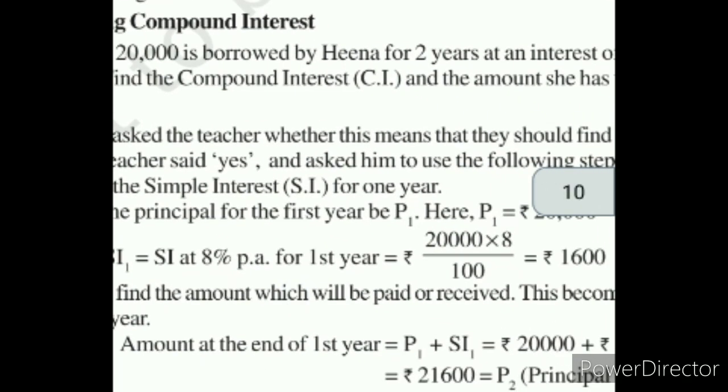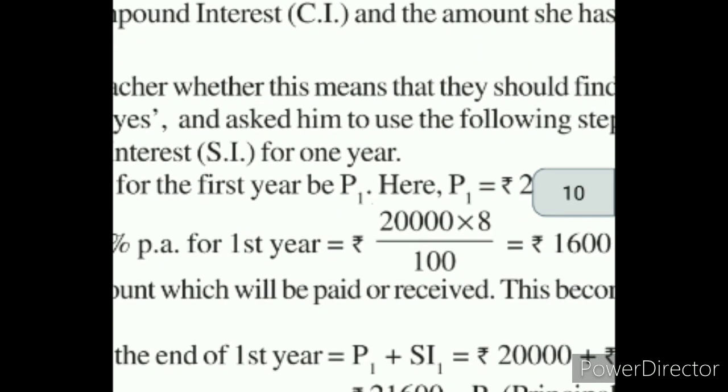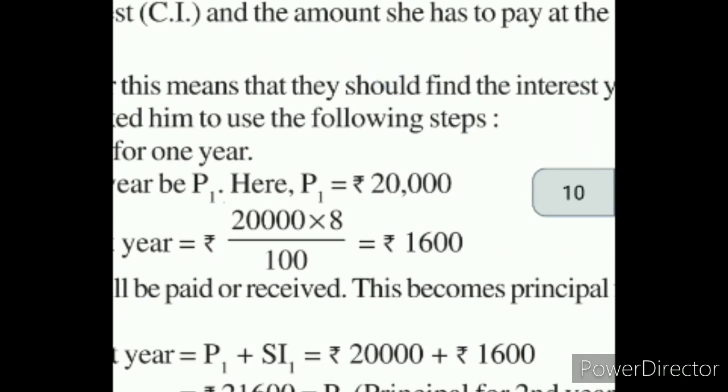First we will find the interest for 1 year, because it is borrowed for 2 years. First we find the interest using the SI formula, that is principal into time into rate of interest by 100, that is 20,000 into 8 into 1 by 100, which gives 1,600, the simple interest for first year.